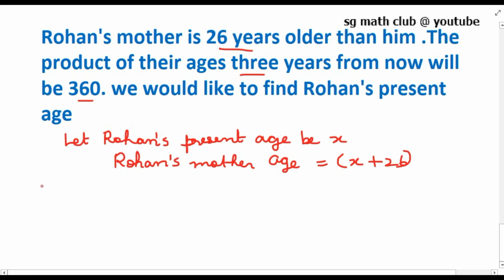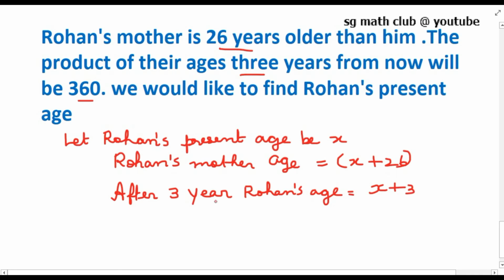Now the product of their ages 3 years from now means after 3 years Rohan's age will be x plus 3. In the same way, after 3 years Rohan's mother's age will be x plus 26 plus 3.